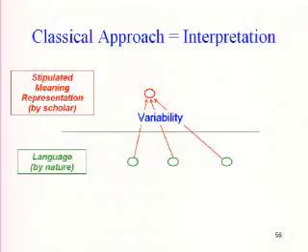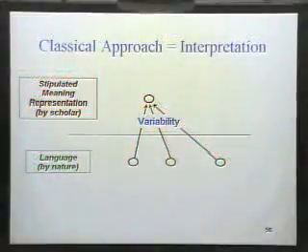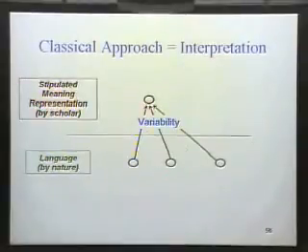So getting back to my first slide, this is kind of the common paradigm. If we look at a typical kind of variability case, we have the language and we have our meaning representation. And the classical approach to interpretation means, how would you know that all these mean the same? You go through this interpretation process, map your language constructs to your meaning representation constructs.